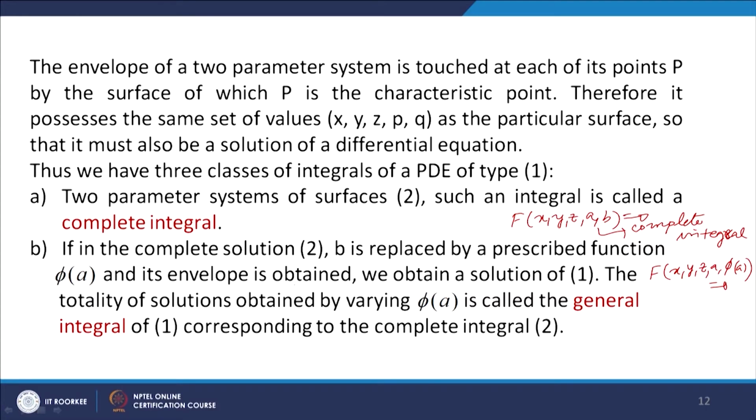We obtain a solution of the nonlinear PDE f(x, y, z, p, q) equal to 0. The totality of solutions obtained by varying this function phi is called the general solution of equation 1 corresponding to the complete integral f(x, y, z, a, b) equal to 0.